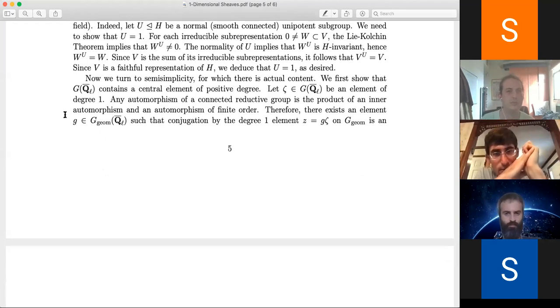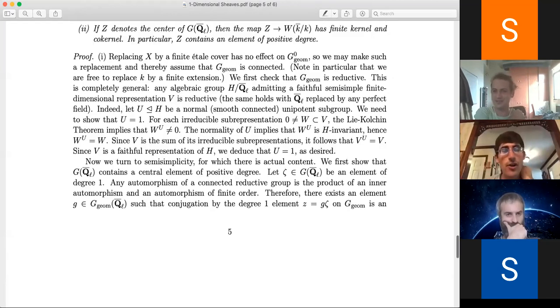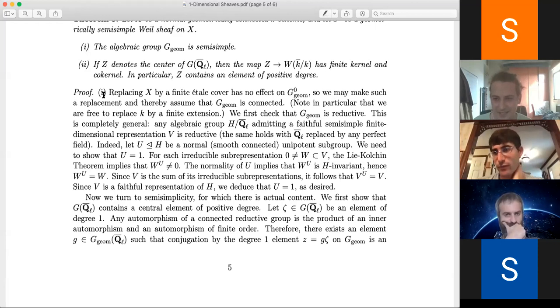So what does it mean to be semi-simple? For a reductive group to be semi-simple means that, let's say connected reductive, it has no non-trivial... Zev? Sorry, yes. What is the representation discussed? Like you said, reductive because it has a semi-simple representation, right? Yes.